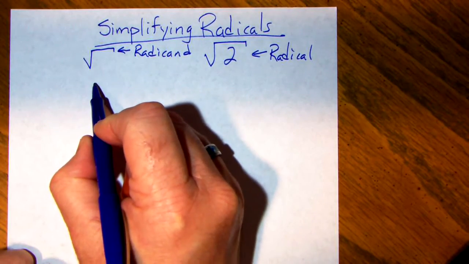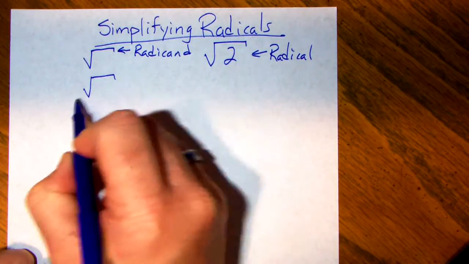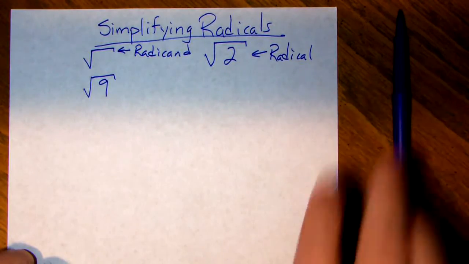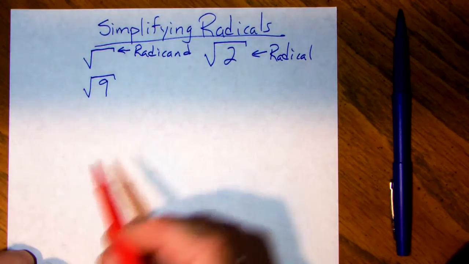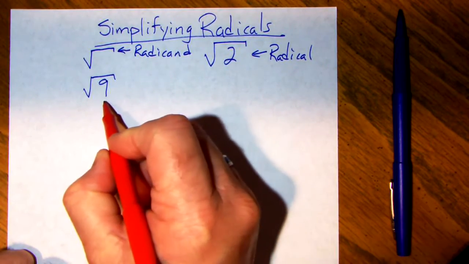So we will start off by looking at one that is a perfect square. We'll take the square root of 9. And this is a problem that should be pretty straightforward for you. You should be able to do this in your head. But I'm going to show you what's going on behind the scenes.